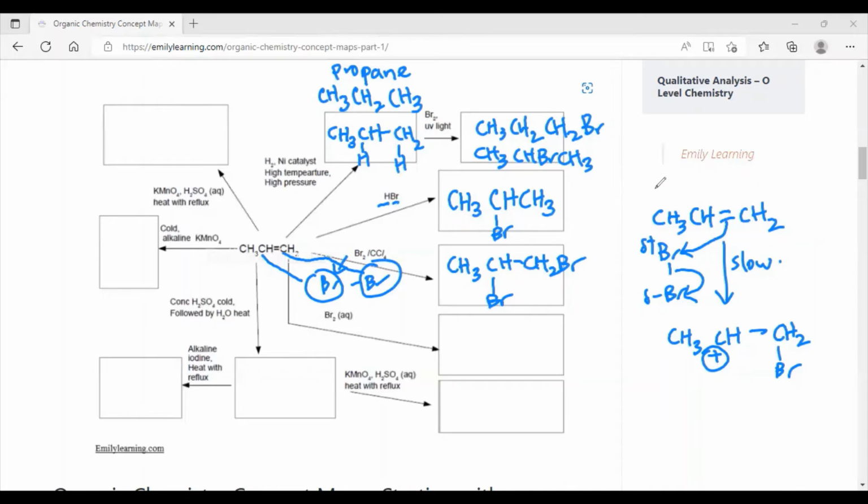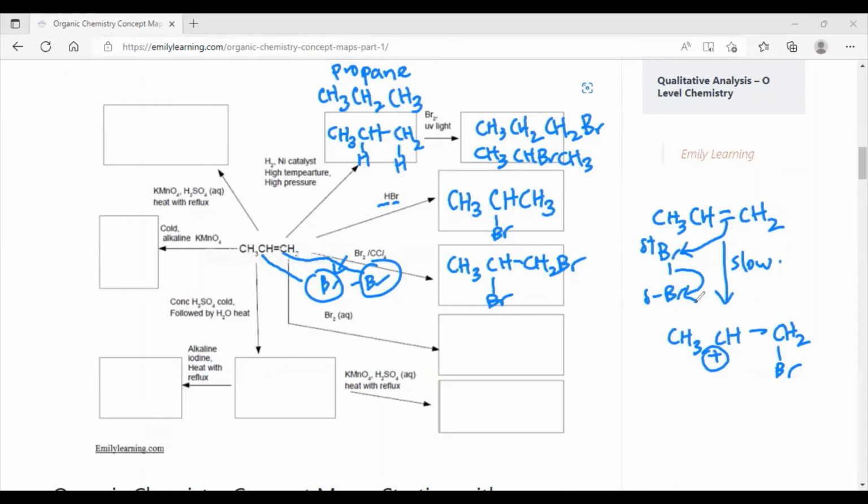So in other words, this carbon will form a more stable carbocation, because there are 2 electron donating alkyl groups that will reduce the intensity of the positive charge on the carbon here.